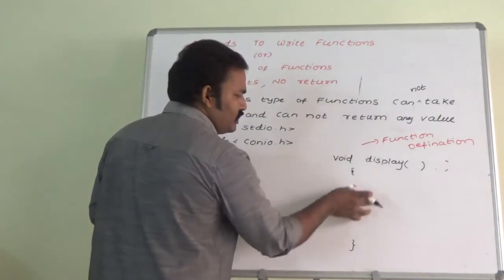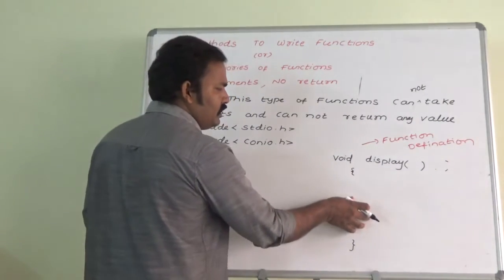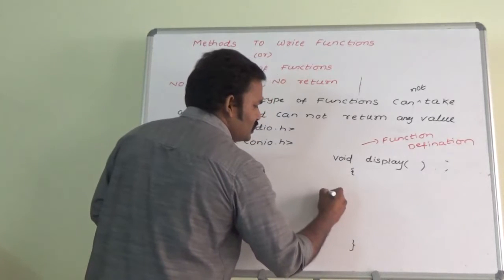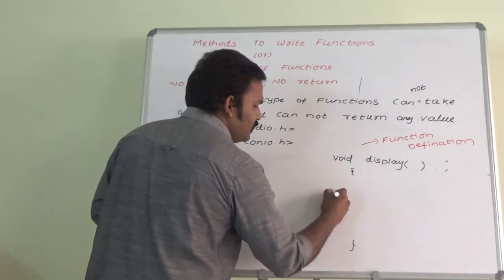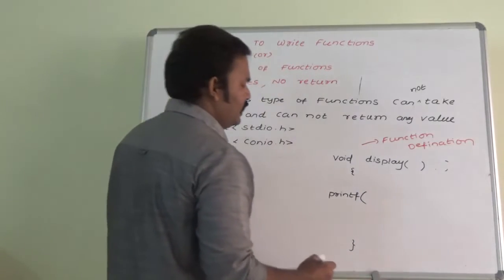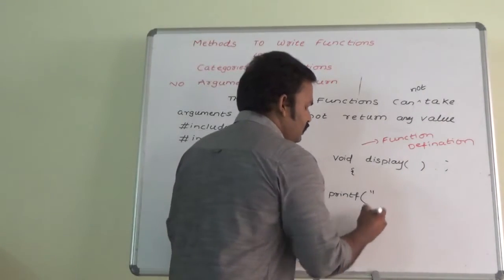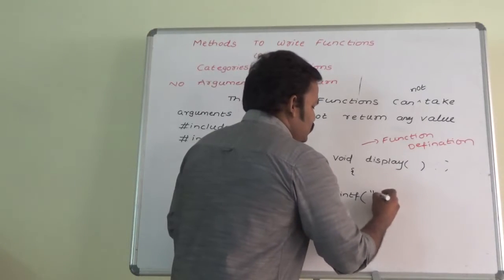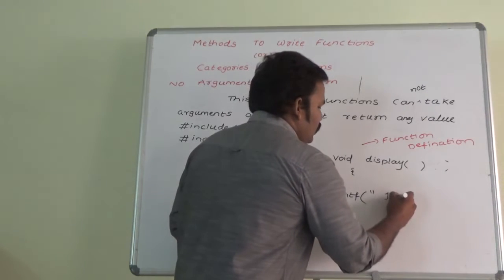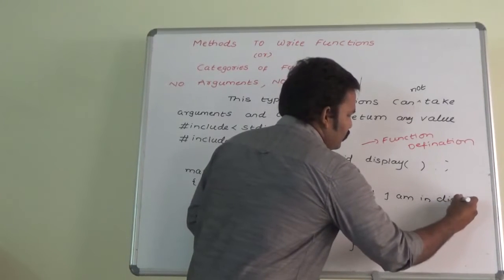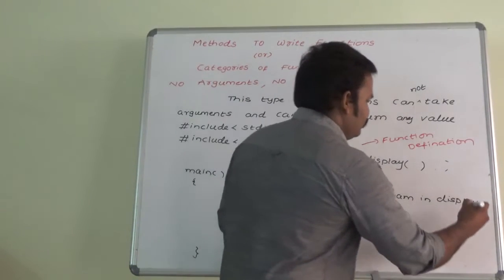So what is a function? A function is a block of statements used to perform a particular task. In this function I am writing one statement, a printf statement. I want to display a message on the screen: I am in display.